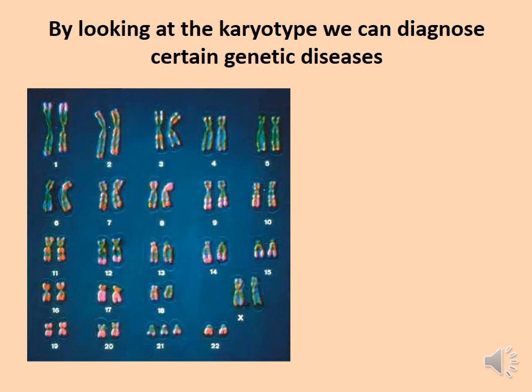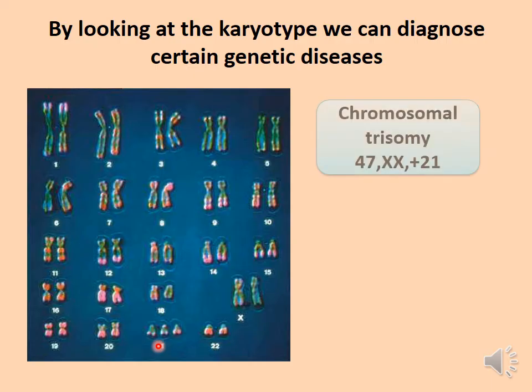Now, can you tell me the abnormality seen in this particular karyotype? It is chromosomal trisomy at the 21st position. This is how we write the karyotype.